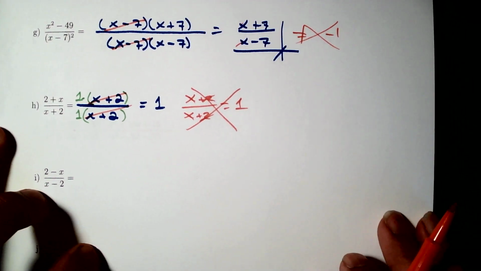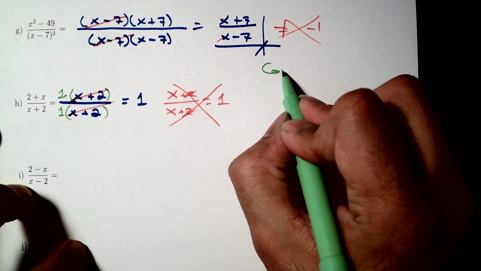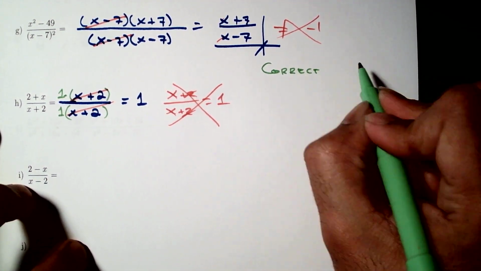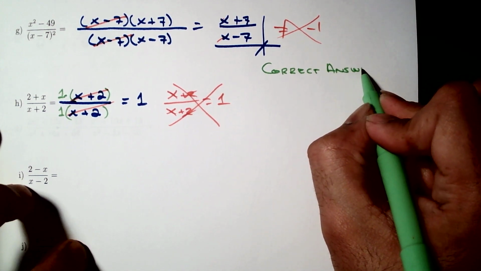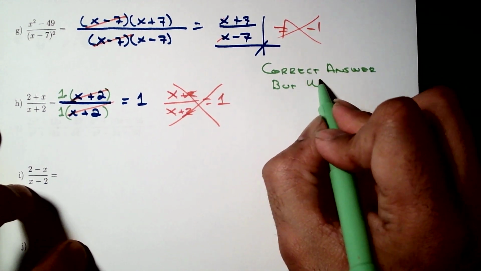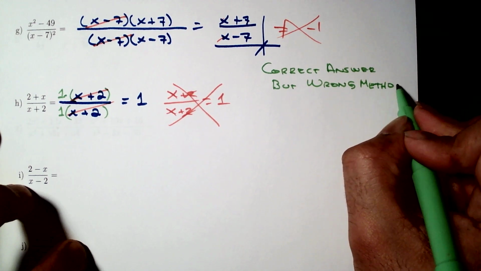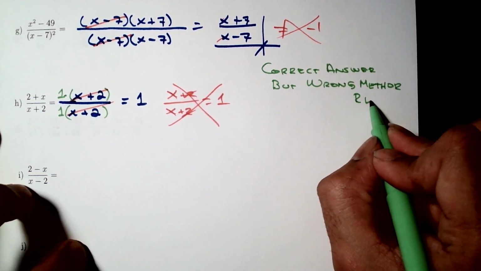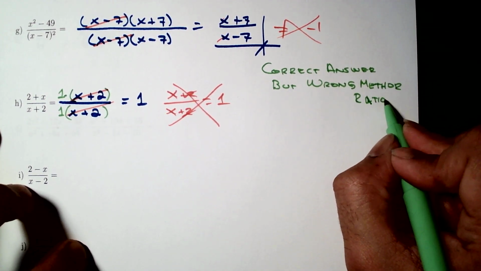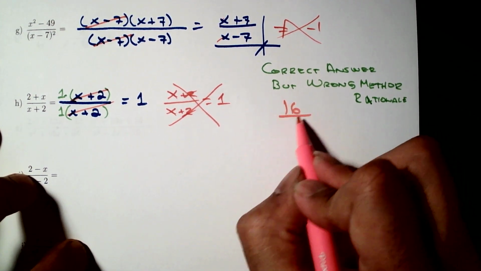And let me give you one of those examples in which you get the correct answer but with the wrong method, or wrong rationale. Let me give you an example that works perfectly for this. 16 over 64.